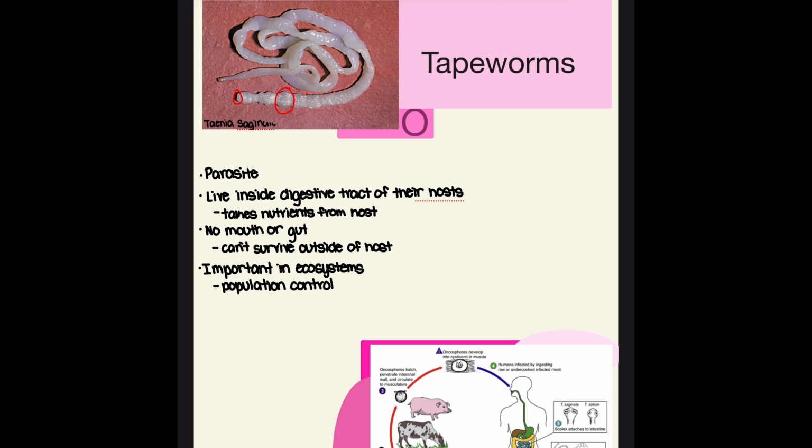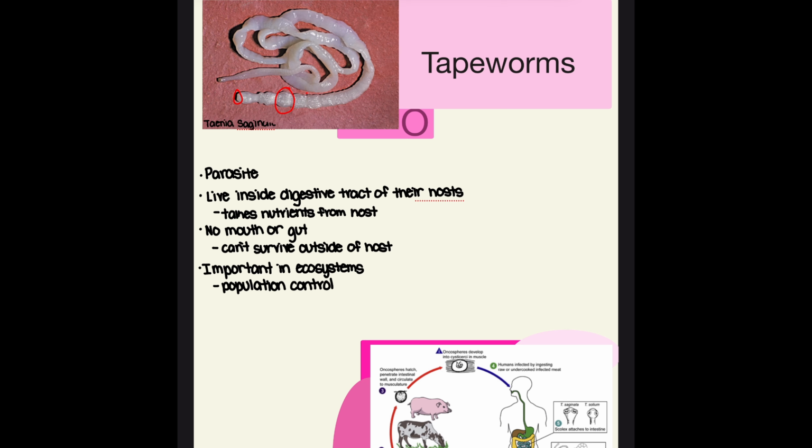They cannot break down the food that they would eat, so they live in a specific part of the organism that has already broken down its food into its most basic nutrients.